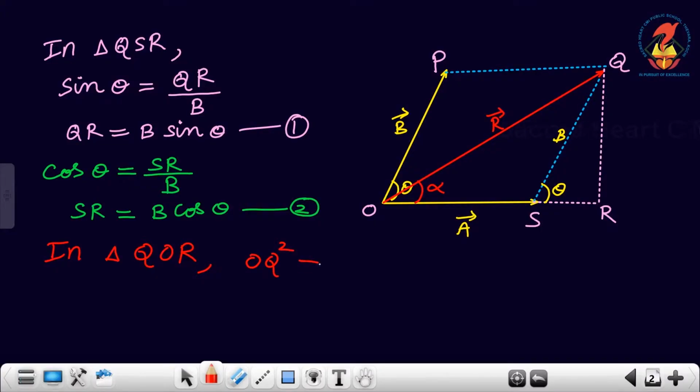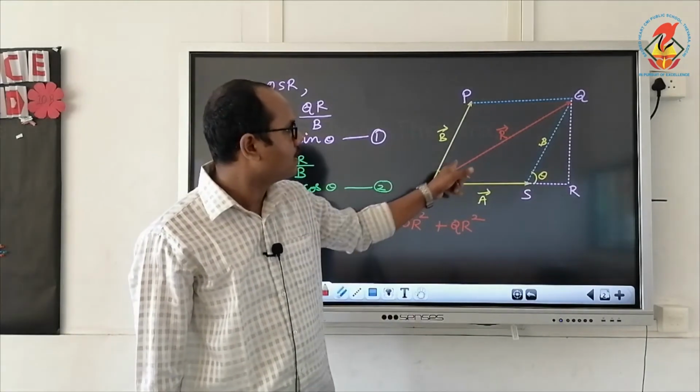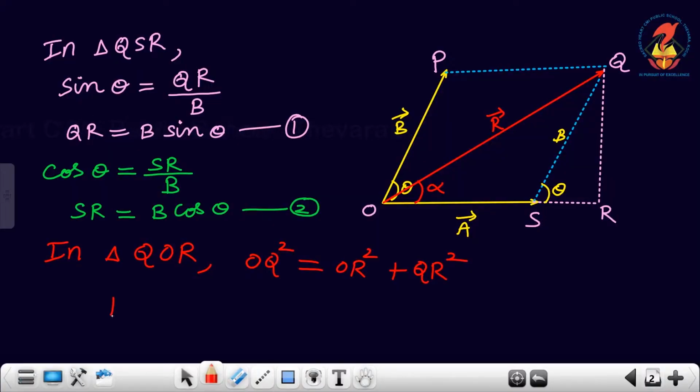So I write OQ square is equal to OR square plus QR square. Now can you say what is OQ? Yes, OQ is the resultant R. So I will be writing R square is equal to OR, which can be written as OS plus SR, plus QR whole square.